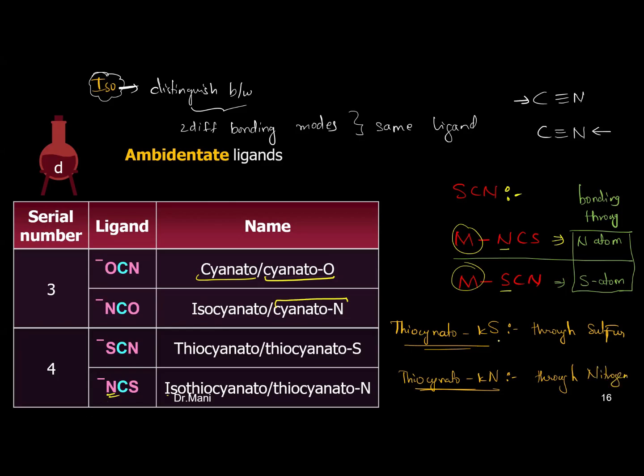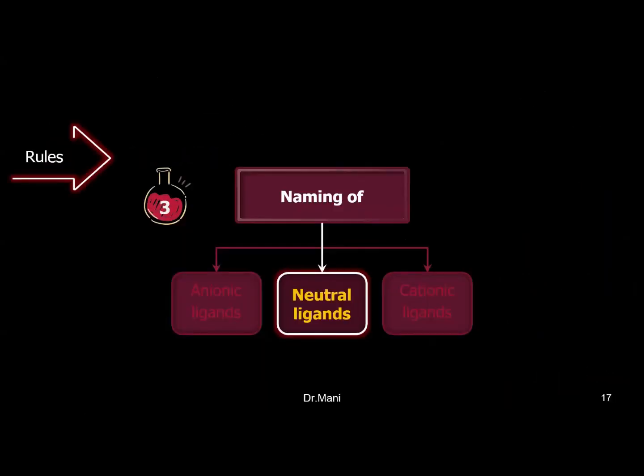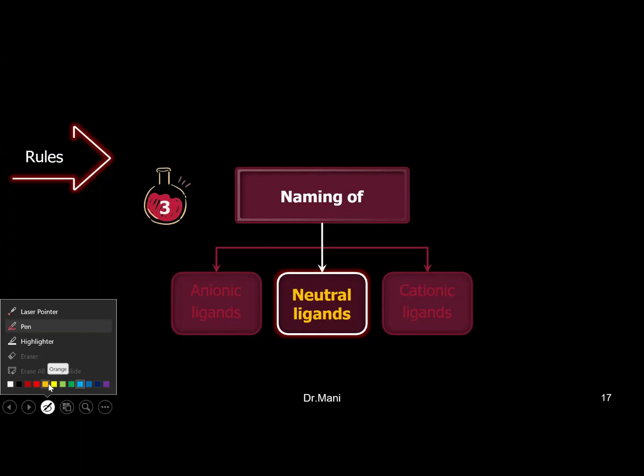Remember this. Thio means what? The sulfur containing compound. Whenever you see the word thio, thio means sulfur containing atom. Is that clear? So that's how you will give the naming of ligands with neutral ligands.